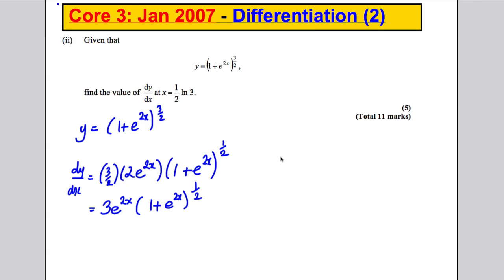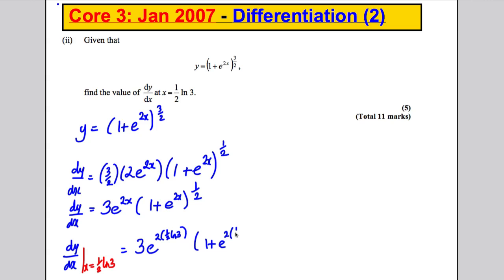Now, you want to find the value of this at x is a half ln 3, so this is dy by dx at any x. So now what you want to do is work out dy by dx, but you want to substitute in x is equal to a half ln 3. And what would you get? Well, you would get 3e to the 2 times a half ln 3, 1 plus e to the 2 half ln 3, all to the half.